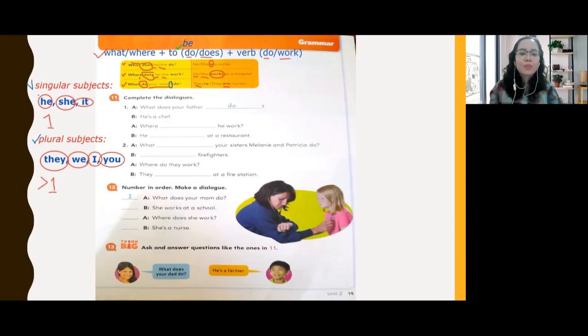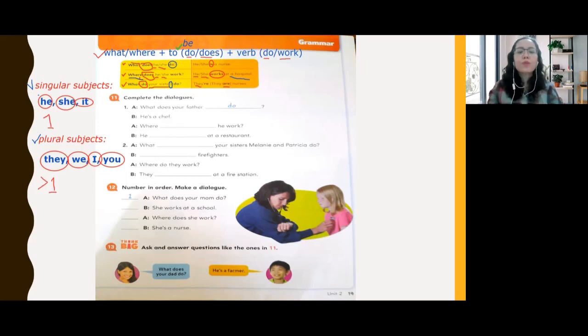when it comes to the question where, we need the answer a name of place like this, yeah, a hospital. And then when we are asking about someone's job or what someone does, we have to use the verb do.